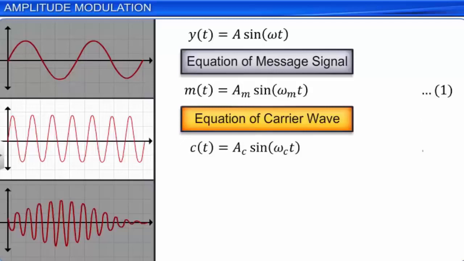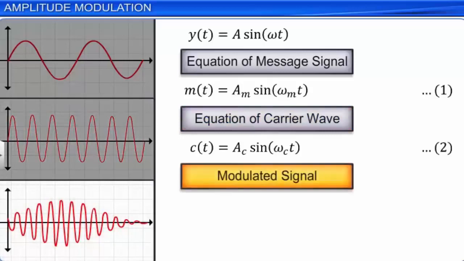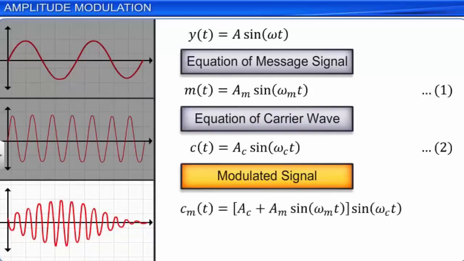Let this be equation 2. Then, the expression for amplitude modulated signal is represented by the equation cm(t) is equal to (Ac plus Am sin omega m t) into sin omega c t. Let this be equation 3.